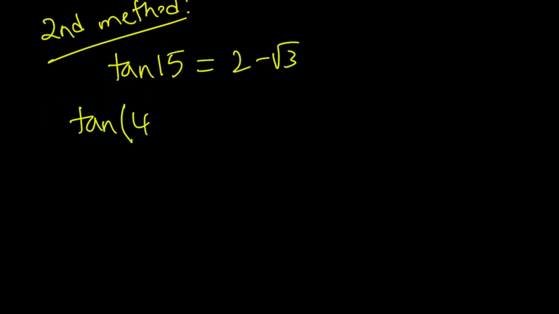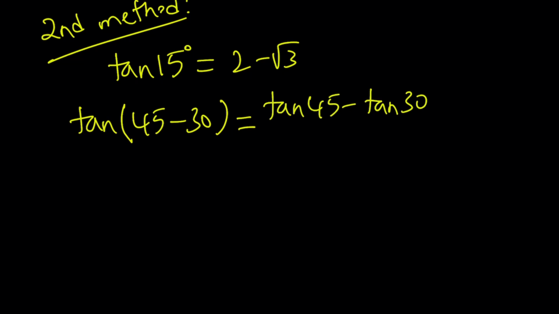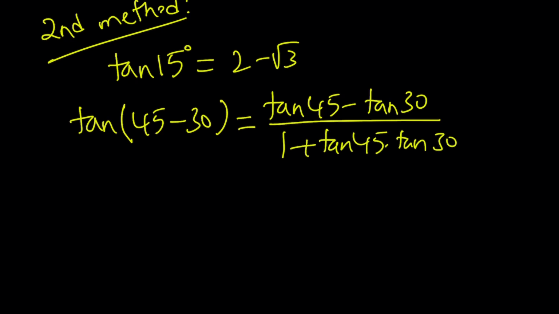I can write this as tangent of 45 minus 30. By the way, these are in degrees, but I don't like writing the degree symbol, so hopefully you'll forgive me for that. And by using the difference formula for tangent, alpha minus beta, we can write this as tangent 45 minus tangent 30 over 1 plus tangent 45 times tangent 30. Now, tangent 15 is on the left-hand side.